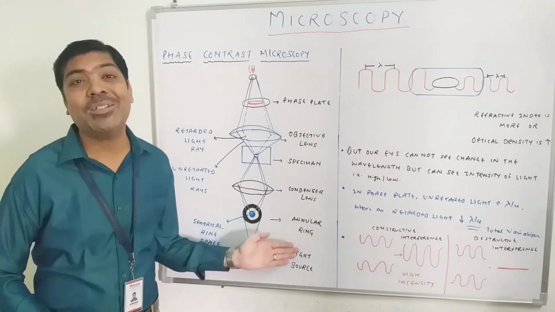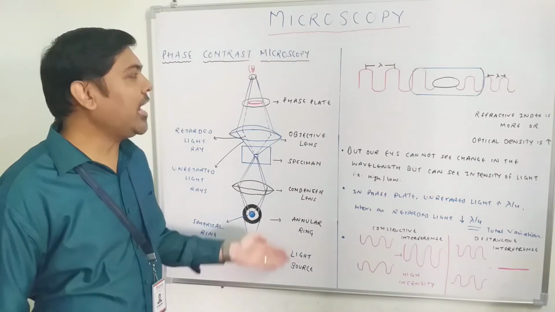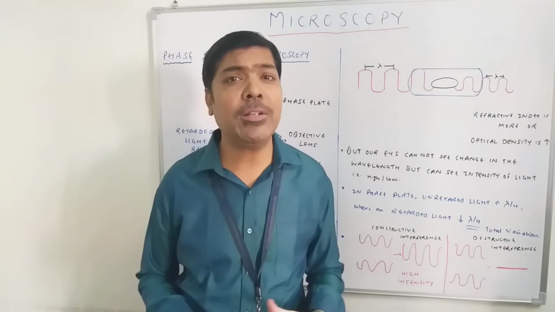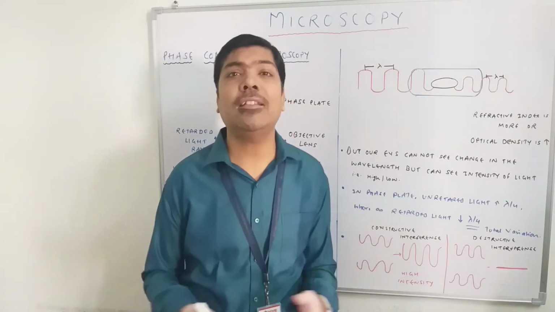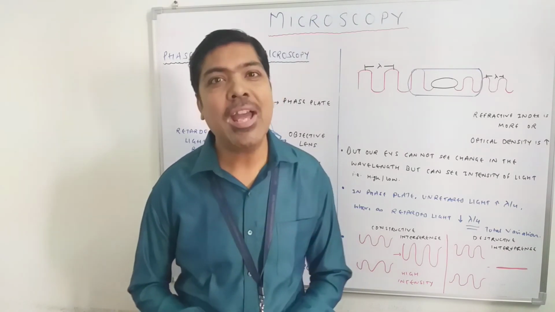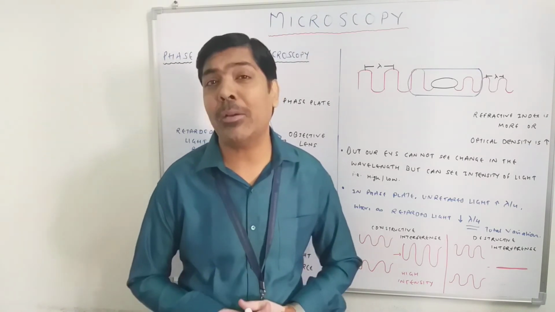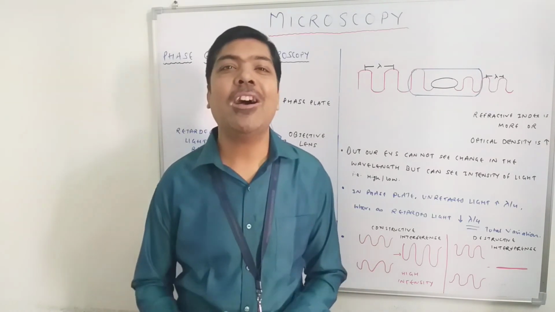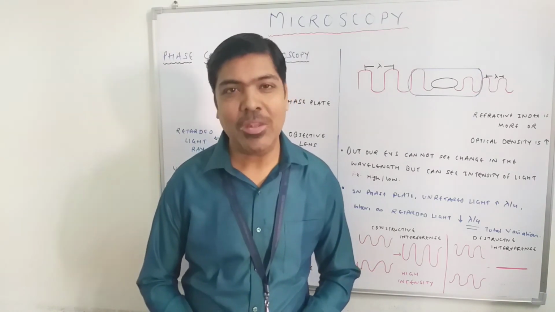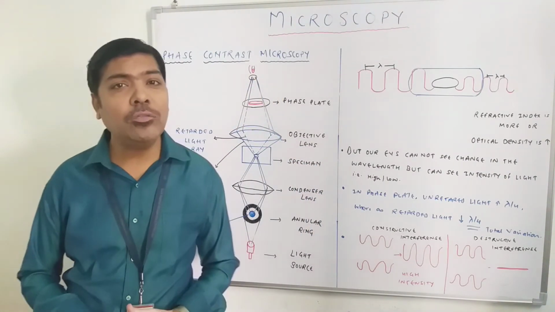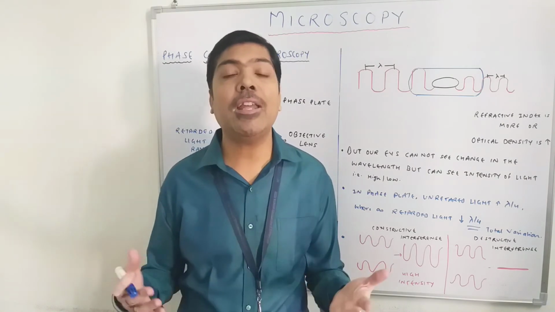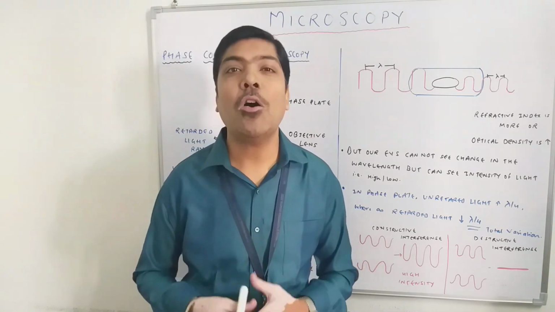Number one is the annular ring, and number two is the phase plate. These arrangements are not available with any other class of microscopy, and they make this microscopy special, by which we can visualize the cell under living conditions. So one by one we'll understand how these different parts of the phase contrast microscope play an important role in the visualization of an object.